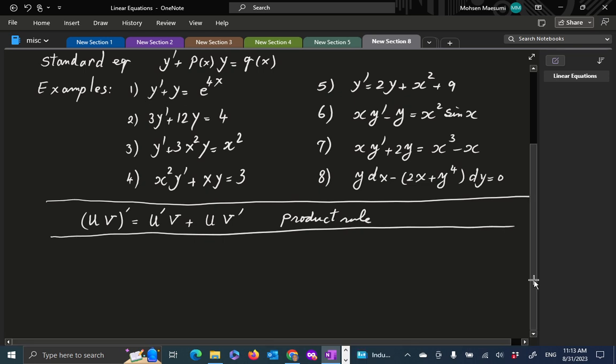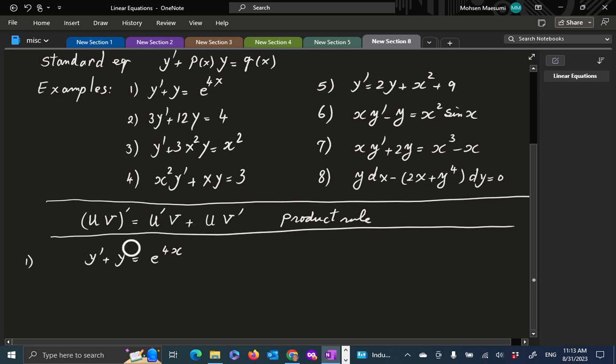Let's see how this works with the very first one. y prime plus y is equal to exponential of 4x. So that is example 1. How is this relating to the product rule? You see that I have y prime, just like I had u prime here, and I have a y, and in that case that would be a u.